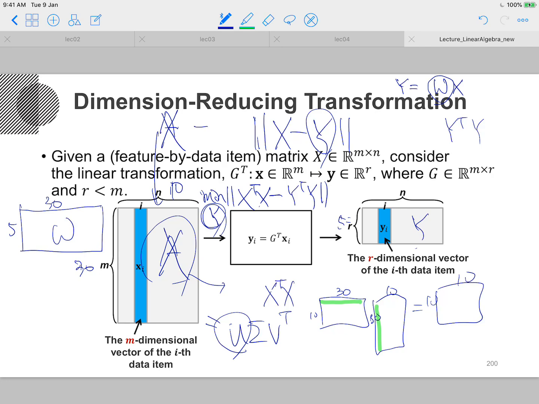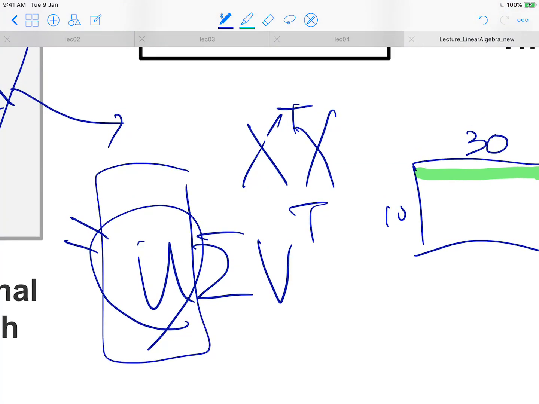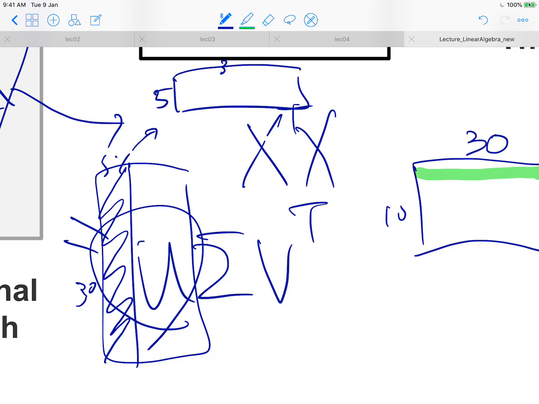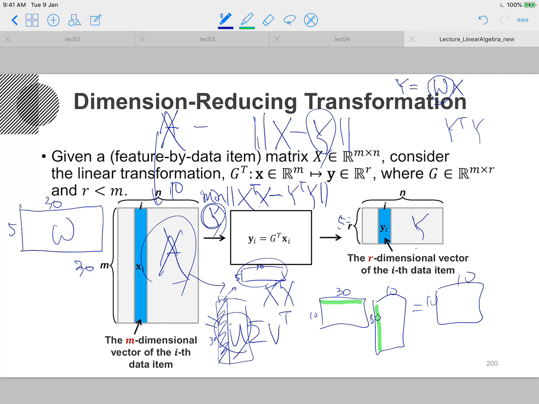You will have the number of rows as 30, of course, right? And then each column vector will also be an orthonormal vector, right? And then we simply pick up the first 5 orthonormal vectors from U, and then we transpose it. So given U, we pick up this 30 by 5, and then we transpose it, 5 by 30. So this will be our solution, or the best solution for this W that transforms this 30-dimensional vector into a 5-dimensional vector.